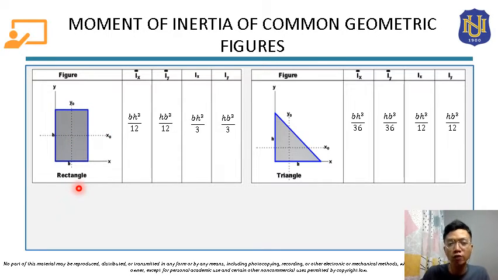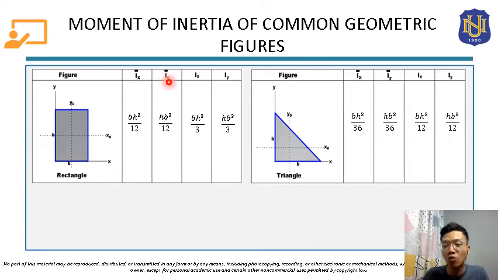Now, if we measure the moment of inertia of this rectangle from the x-centroidal axis, that will be bh cubed over 12. We actually solved this already in the sample problem in letter C, so that is the derivation of this value. So this is bh cubed over 12.